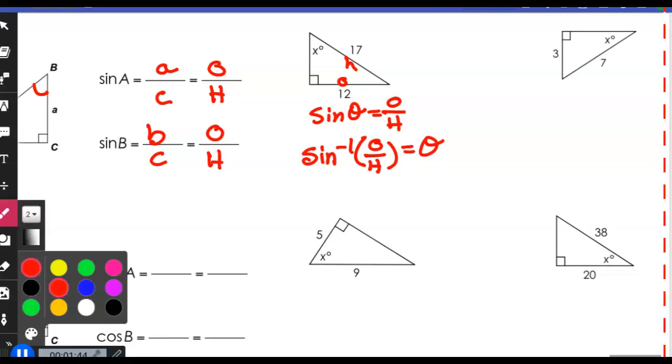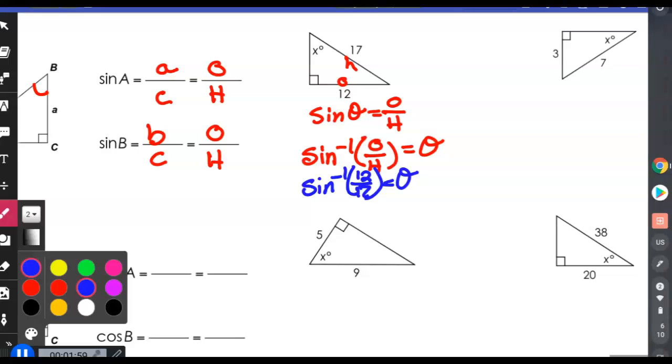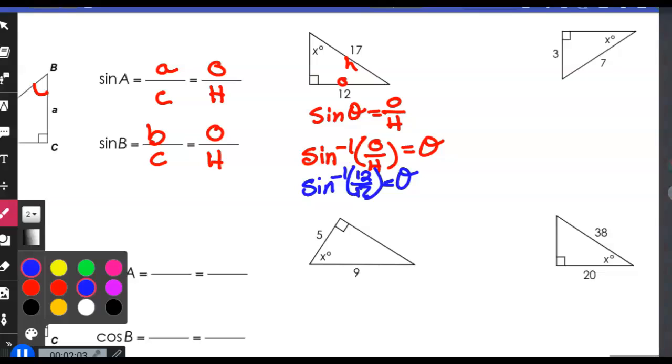Then we plug in what all the letters mean except for the theta. So inverse sine of 12 divided by 17 equals our angle. At that point it's solved for the unknown, which is like when we solved for x.